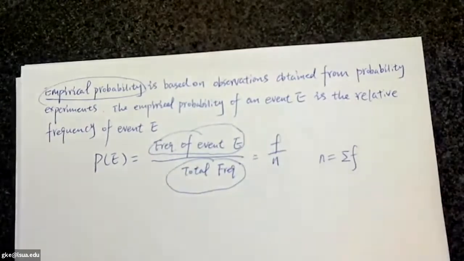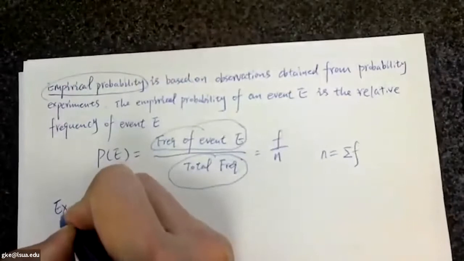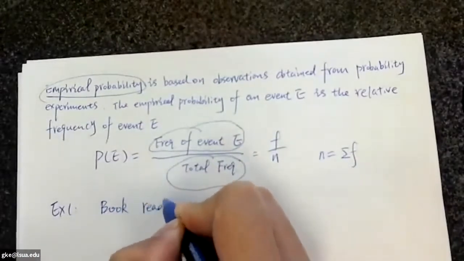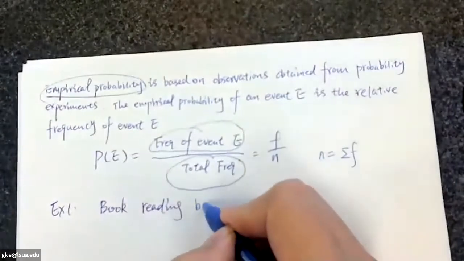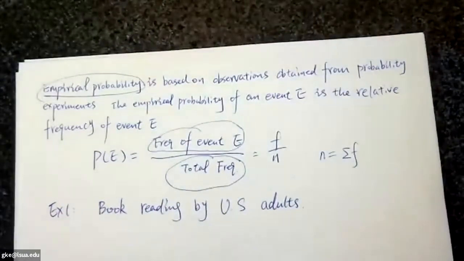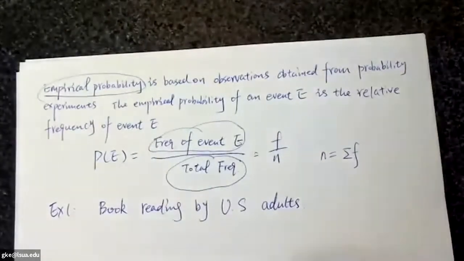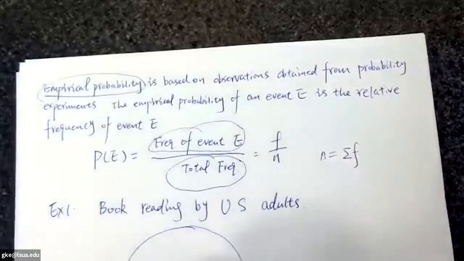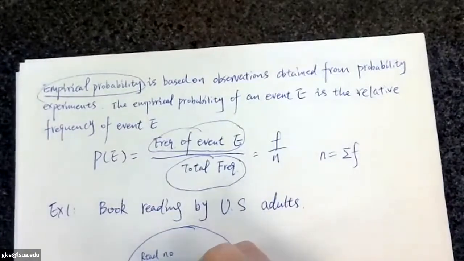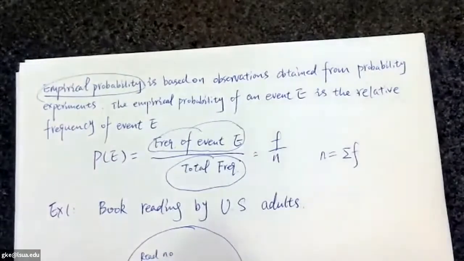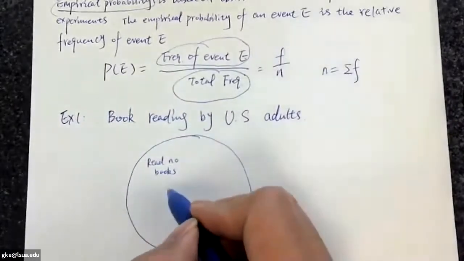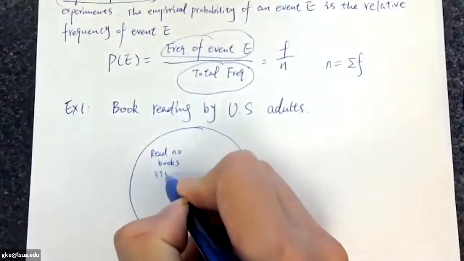Now, let's take a look at an example. The first example is book reading by US adults. Read no books: 395.